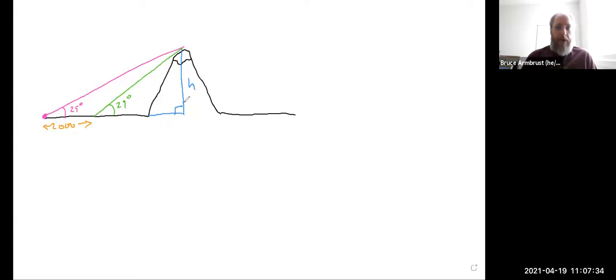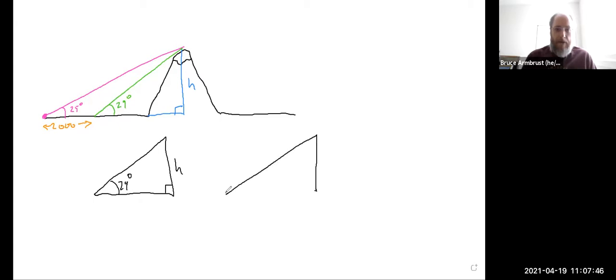You see the one with the green line. So we have this triangle, 29 degrees with H. And then we've got the other one, also with H. But this is 25 degrees. And we know that somewhere in here is 2,000 and a little bit more.